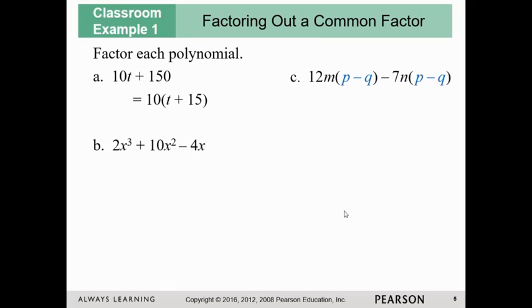Now, looking at B, notice we can take out a greatest common factor here of 2x, because we can take out a 2x out of each one of these terms. And when we do that, we create this factored form of the polynomial. Then we might look to see if this factors further.